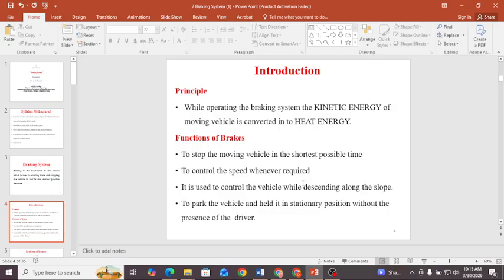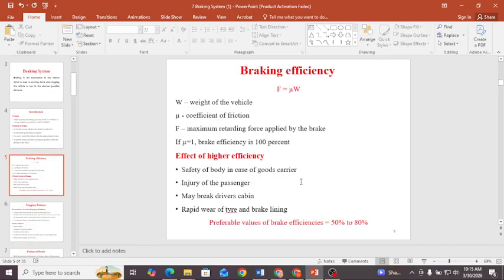The functions are to stop the moving vehicle in the shortest possible time, to control the speed of the vehicle whenever required, including while descending a slope, and to park the vehicle. The braking force is calculated as F equals mu times the weight of the vehicle, where mu is the coefficient of friction.